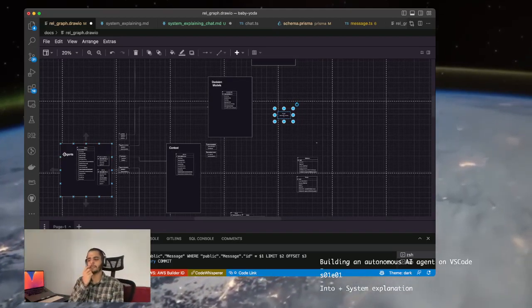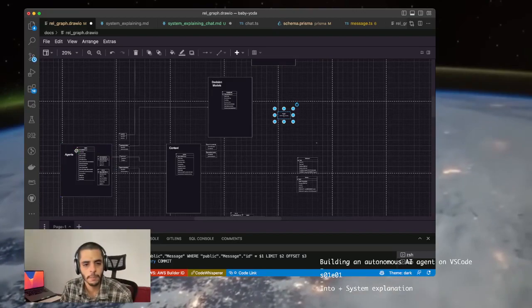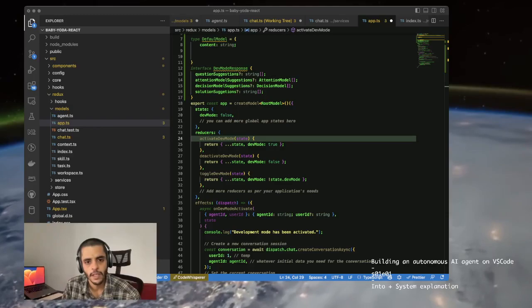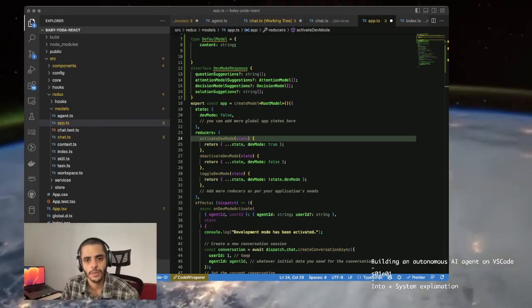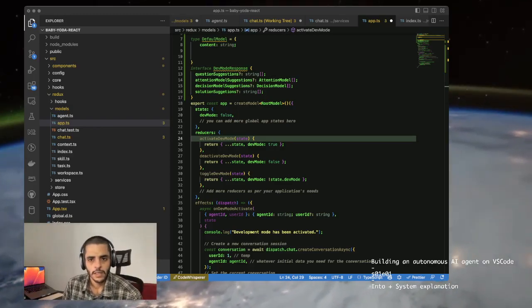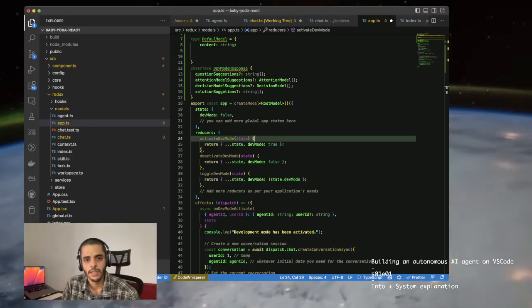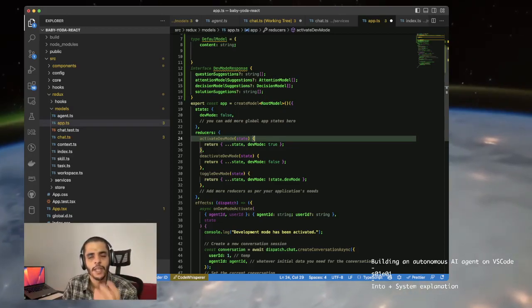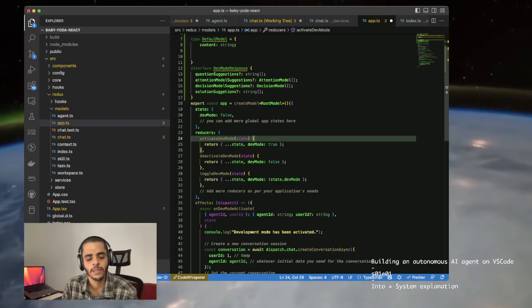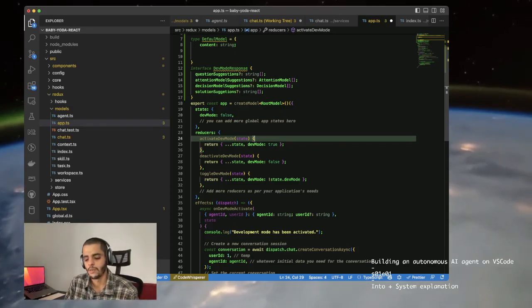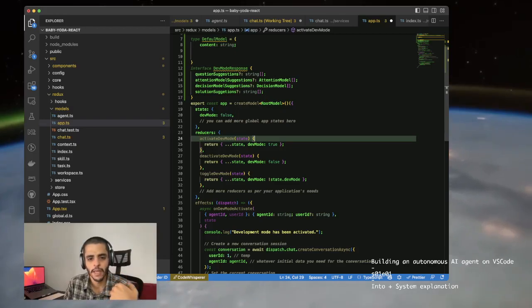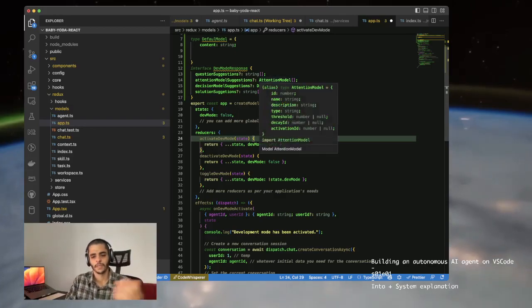So having that in mind, one of the main features of this application is that we will have a development mode. What this basically does is that the AI, the agent, will be constantly asking the user how it should behave on various aspects, right?